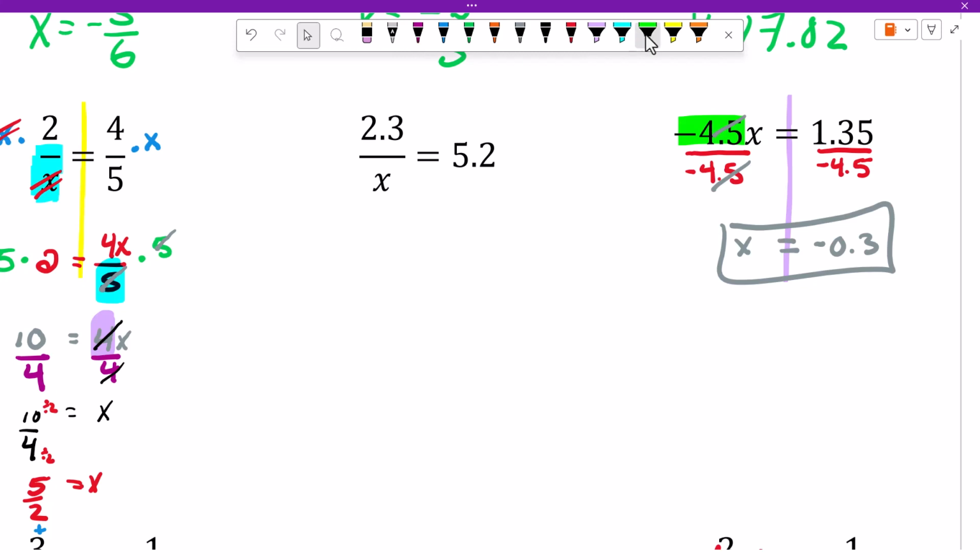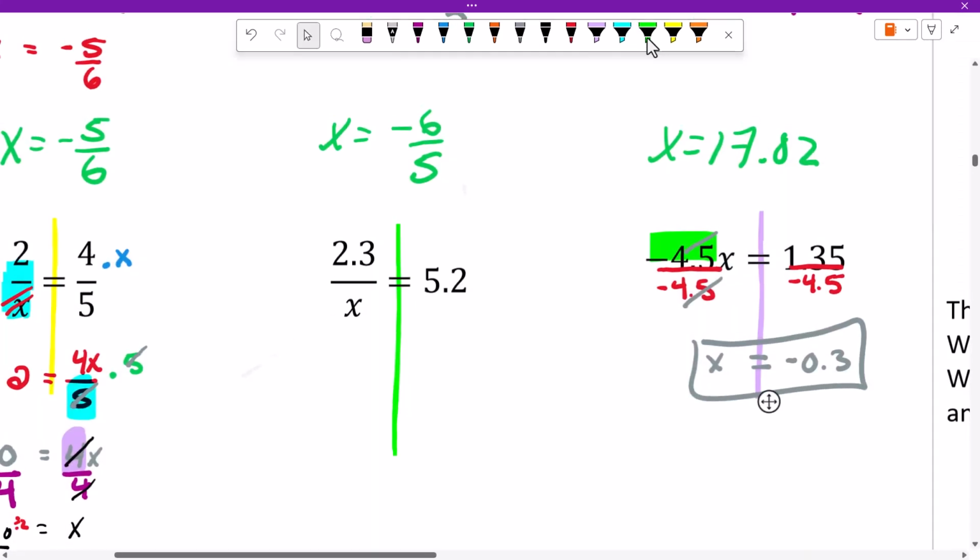So we split at the equal sign. And we want to get rid of this. And we follow the same rules. Remember, x is just a number that we don't know. So we go, okay, what operation is the x currently doing? Between the x and the number, what operation is there? Division. So we do the opposite. So if we want to get rid of this x, we have to do the opposite, which is multiply.